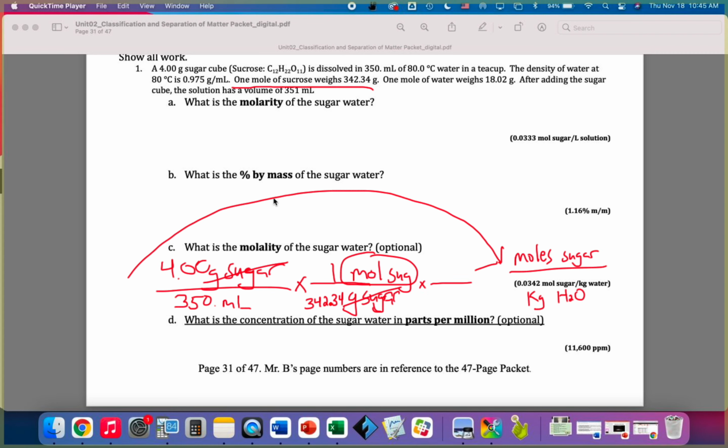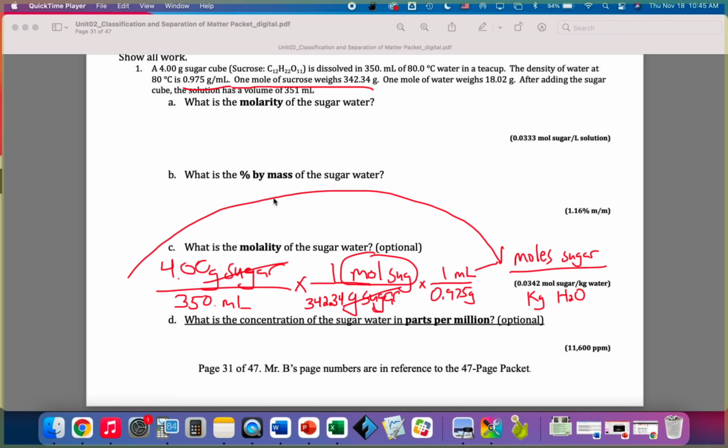So we need to cancel milliliters. We'd like to go to kilograms, but I doubt they'll give that to us. And it says the density of the water is 0.975 grams per milliliter. So 0.975 grams for 1 milliliter. And then we can simply go back and change it to kilograms.